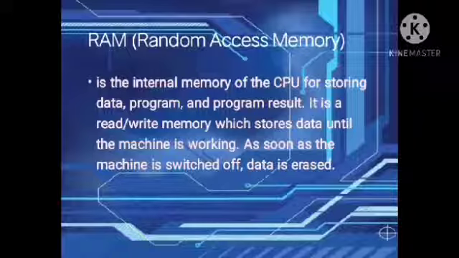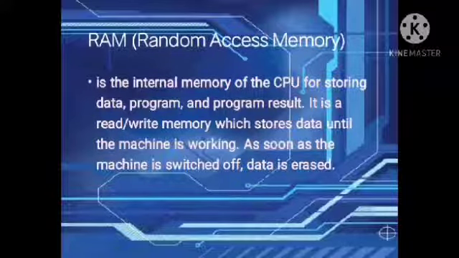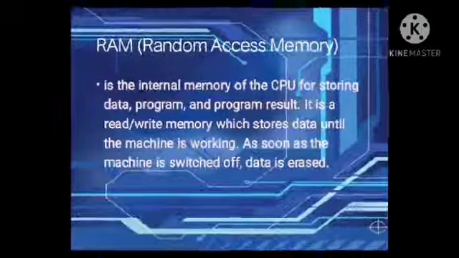For example, data stored in it is lost when we switch off the computer or if there is a power failure. Hence, a backup uninterruptible power supply, UPS, is often used with computers. RAM is small, both in terms of its physical size and in the amount of data it can hold.